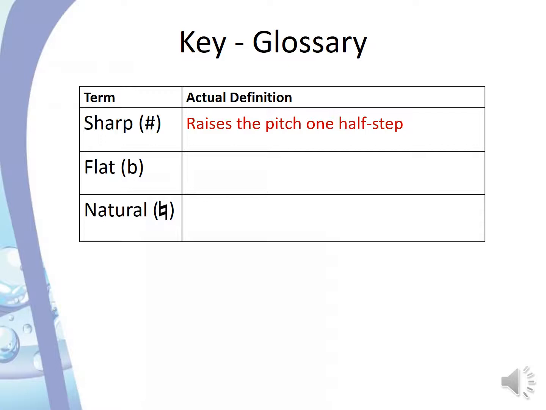The next symbol would be in the shape of a lowercase b and is known as a flat. A flat is the opposite of a sharp in that it now lowers the pitch by 1 half step. Once again, we will hear a C followed by a C flat, or in this case, a B natural.